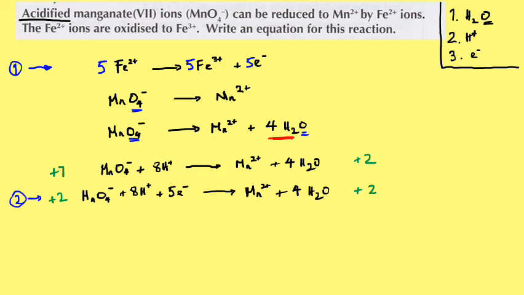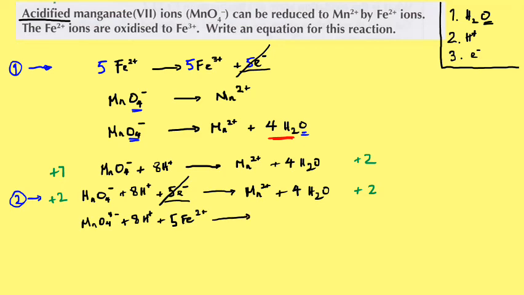Okay, so let's do that. First thing we do is we look at the electrons. We've got 5 electrons on the left hand side and we've got 5 electrons on the right hand side. So they're going to cancel. They cancel like that, and then we just add all of the other species. So we've got manganate ion, we've got 8 hydrogen ions, and we've got 5 Fe2 plus ions.